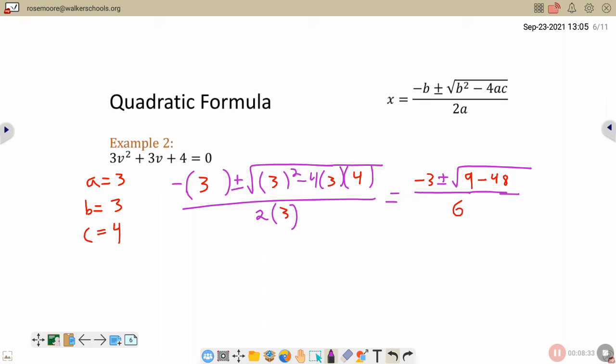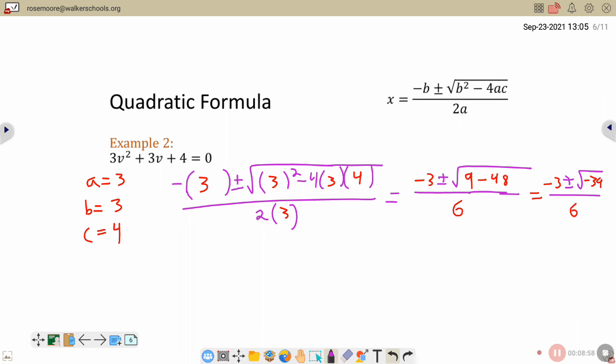So our last action is that 9 minus 48. I end up with negative 3 plus or minus the square root of negative 39 over 6. So again, you are done there. Negative 39 on the root is going to do some weird things that we will come back to later.